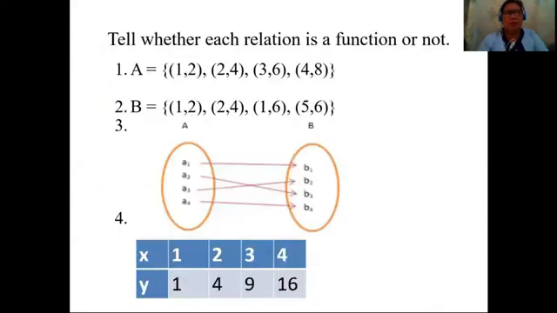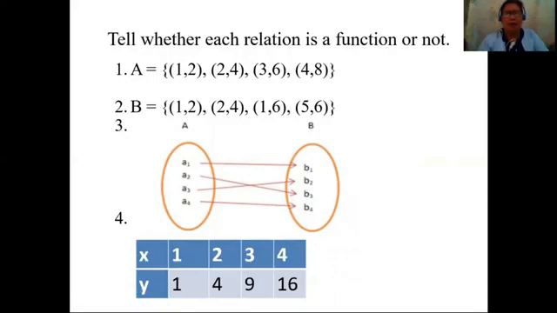Now tell whether each relation is a function or not. Number 1. Set A is equal to the set of 4 ordered pairs. The first ordered pair with coordinates 1 and 2, the second with coordinates 2 and 4, the third one 3 and 6, and number 4 with coordinates 4 and 8.